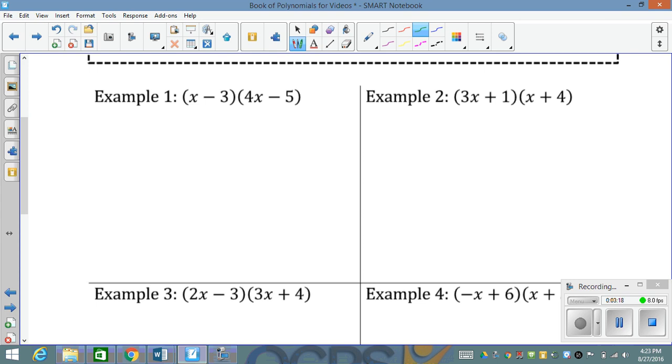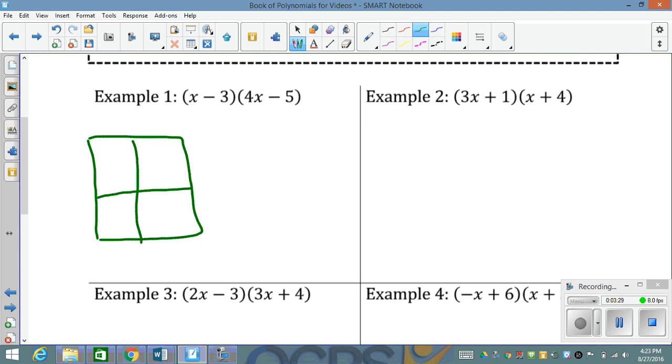Okay, so example 1, x minus 3 times 4x minus 5. I'm going to start by drawing a box, kind of big here. On the outside is going to go my x minus 3 and my 4x minus 5. That's my factors, the things I'm multiplying. To get the inside, I'm going to multiply that row, that column.